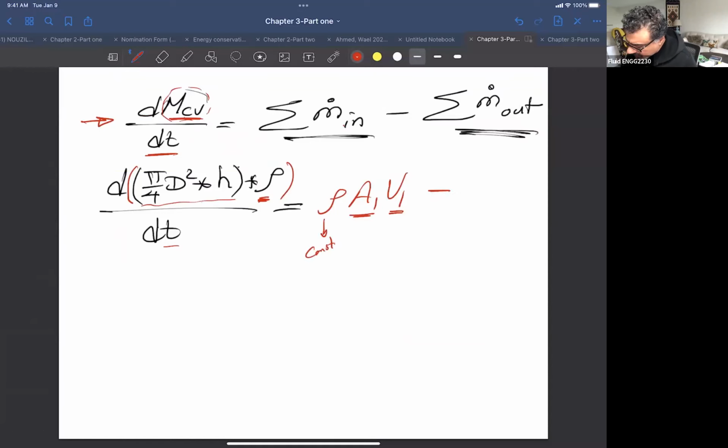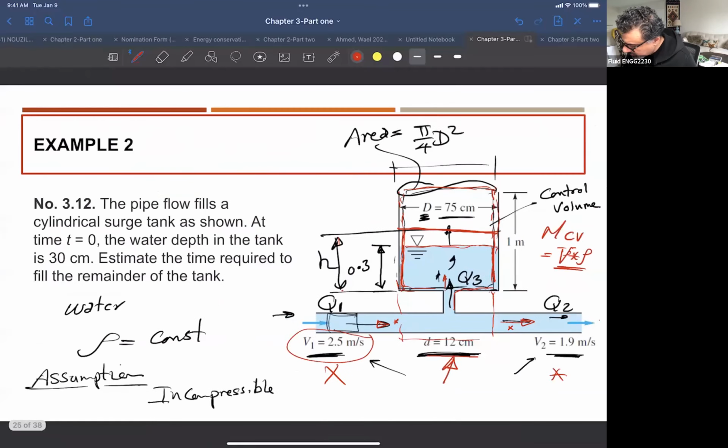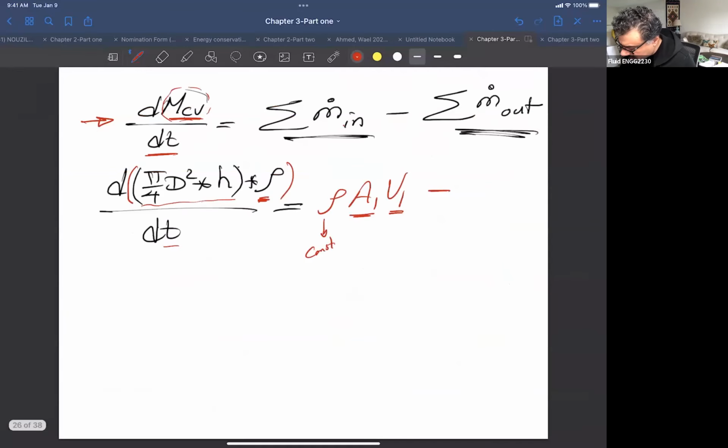And the mass going out of this system is basically the velocity at the exit here, which is V2, and the density times the area 2, which happens to be the same as area 1. So rho, A2, and V2.